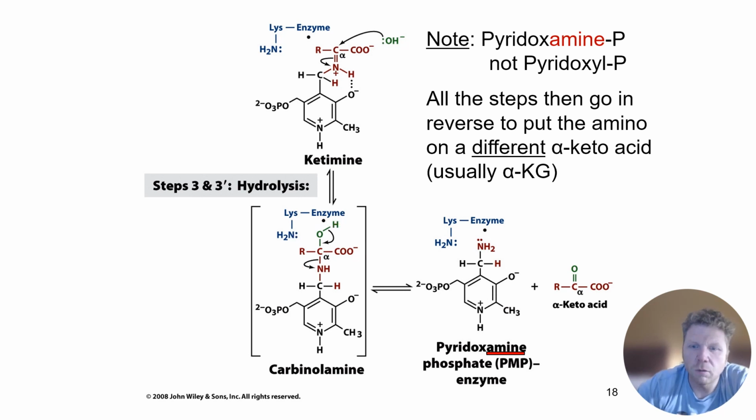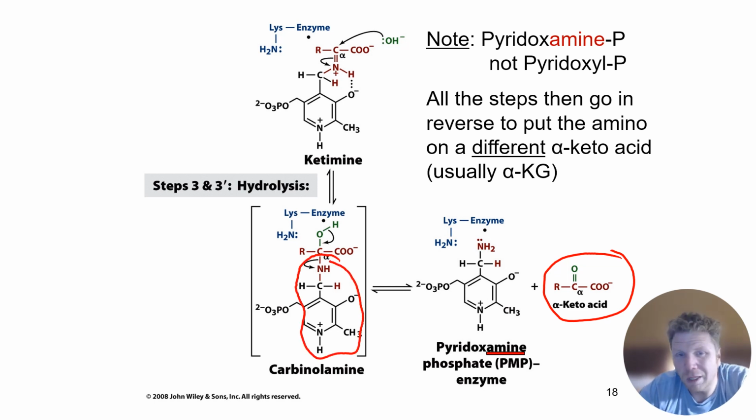And when we do that, we form an alpha keto acid. Essentially, the purpose of this was to get the nitrogen that was on our amino acid and link it to our PLP. Whenever we link it to our PLP, we're able to release this chain of atoms from our PLP, this right here, in the form of an alpha keto acid.